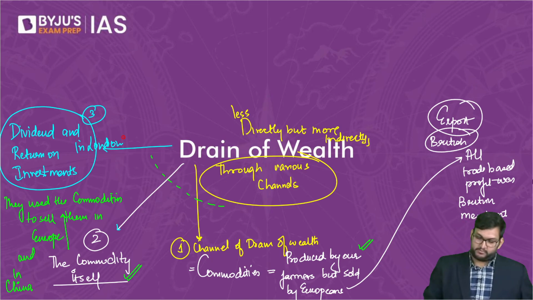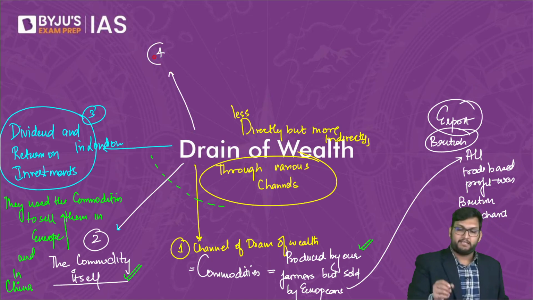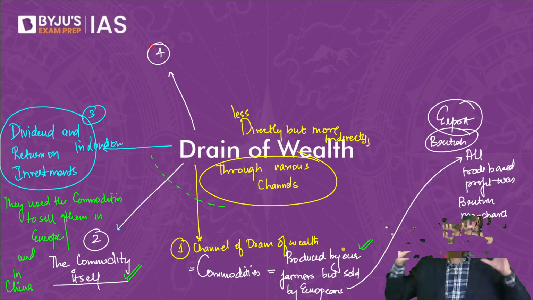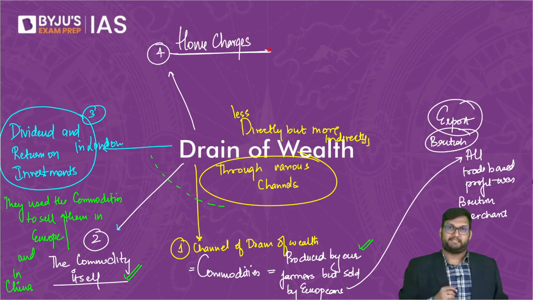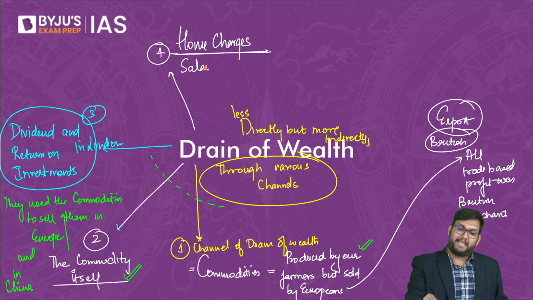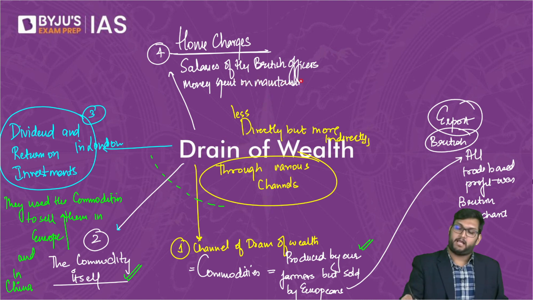Now, the fourth and the biggest chunk, home charges. Home charges are salaries of the British officers, money spent on maintaining the army, money spent on colonizing India.